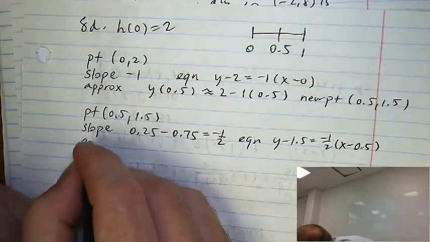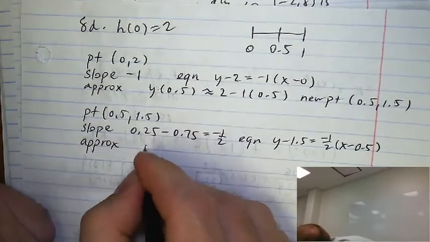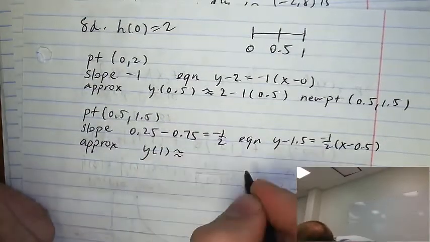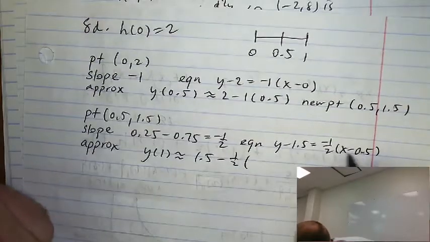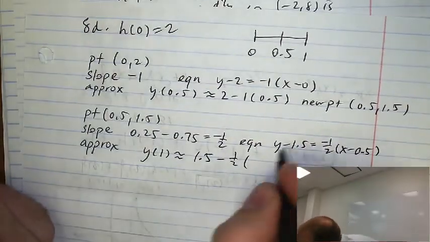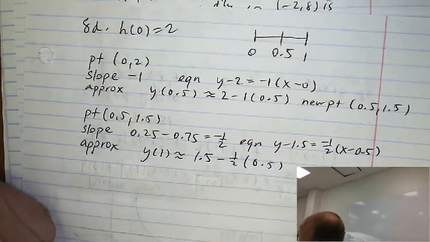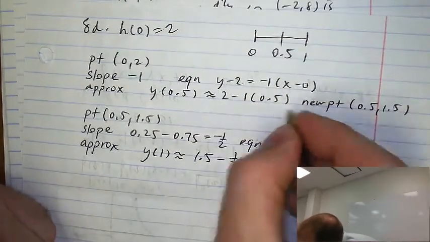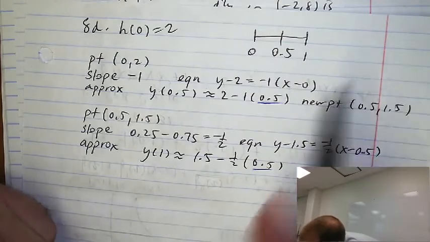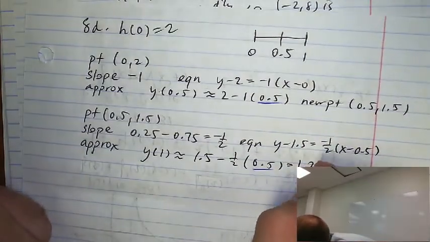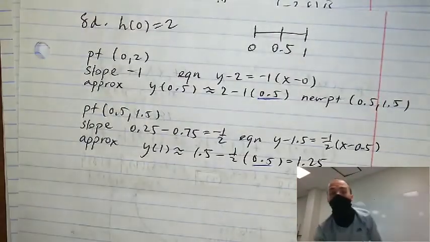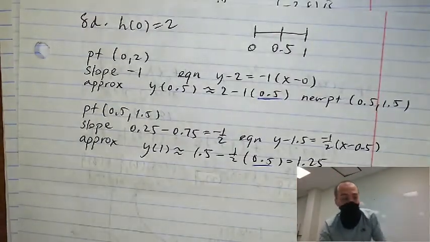And then I'm going to approximate y of 1 to be almost 1.5 minus half of, well, 1 minus a half would be 0.5. Double check, did I multiply by the same number here and there? I sure did. Okay, that's good. So half of a half is a quarter. That's 1.25.